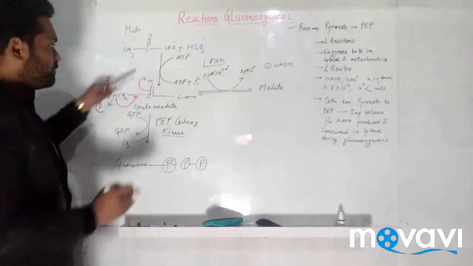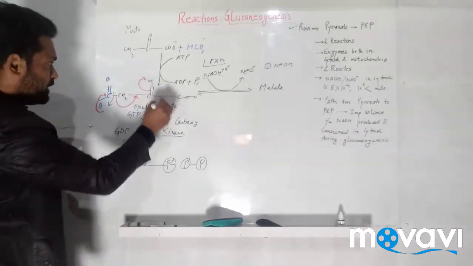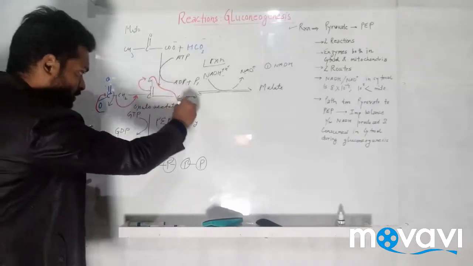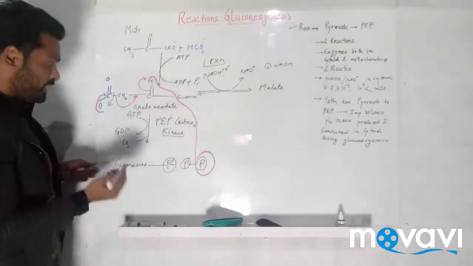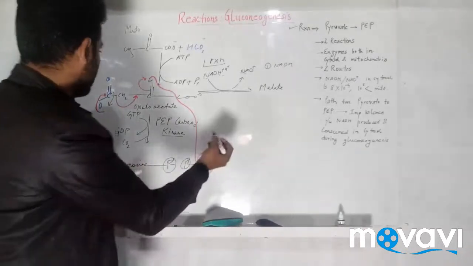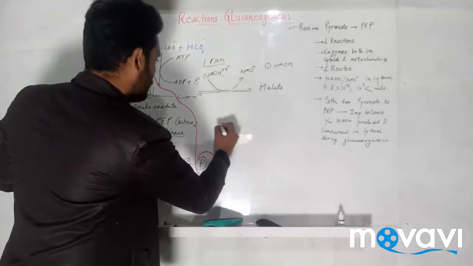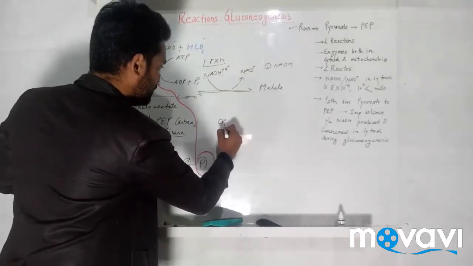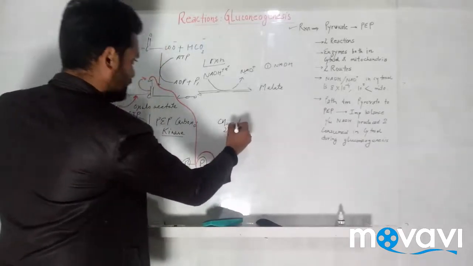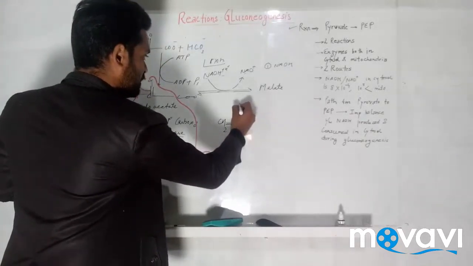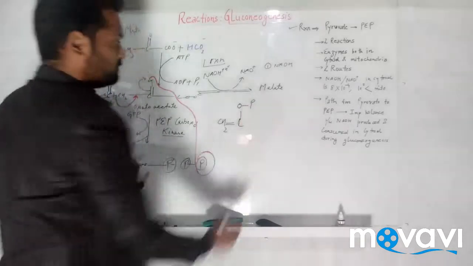So this is polarized now, and this polarized carbonyl carbon, this oxygen particularly, would attack on this terminal phosphoryl group and would remove it. The result would be, you can see here, the removal of carbon dioxide. This oxaloacetate would be converted into CH2 double bond, and the phosphate bond.